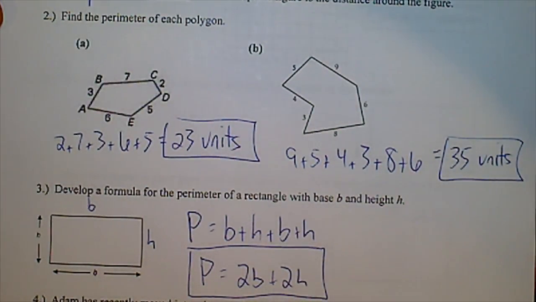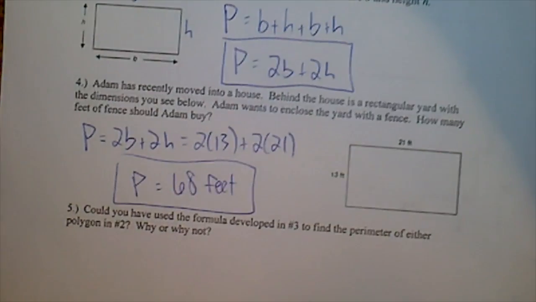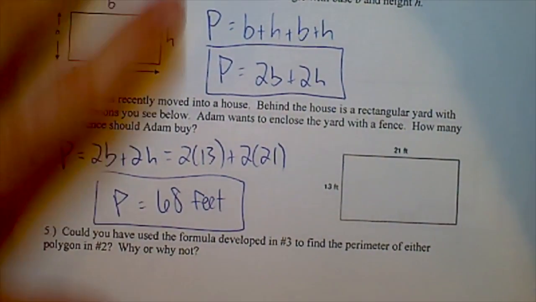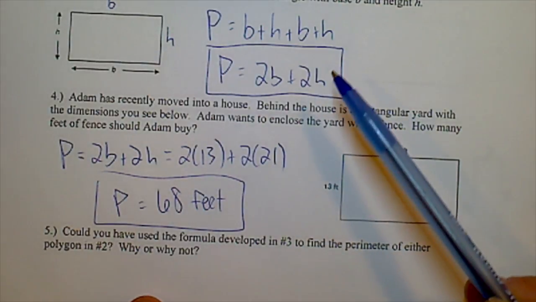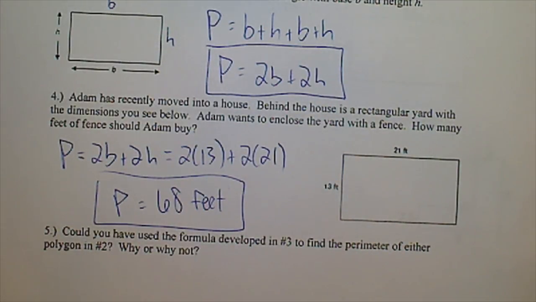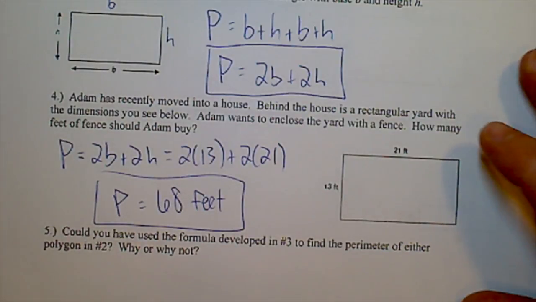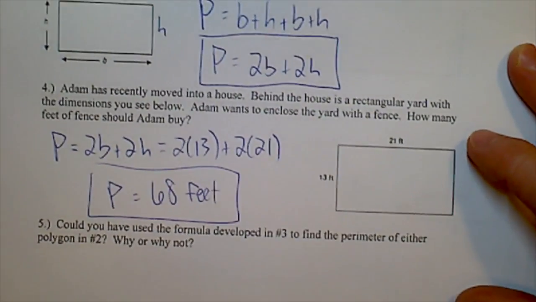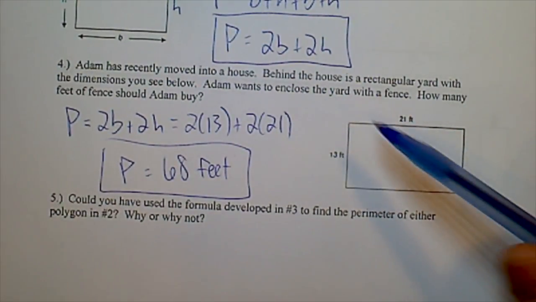So, tell me, would I be able to do that? Go ahead and pause for a second. Tell me, would you be able to use this formula to do the ones in number 2? And then can you explain to me why or why not? All right, hopefully you had a moment to think about it. My hope is that you kind of understood the concept of this equation here, right?